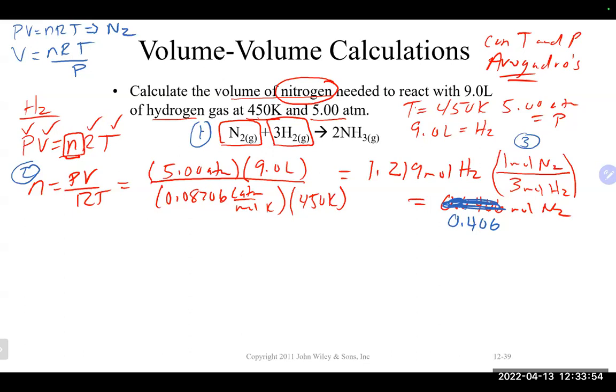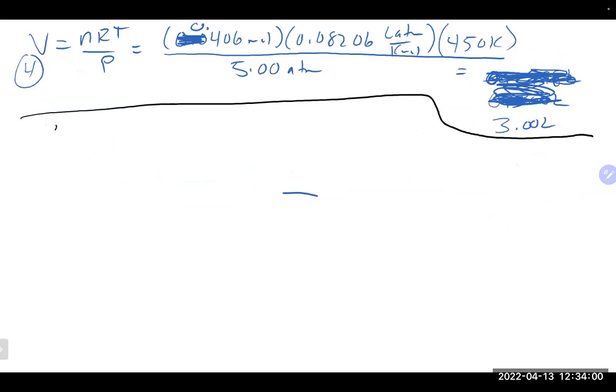That means we could start with our 9 liters of hydrogen. From the coefficients, we see that for every 3 liters of hydrogen, we get 1 liter of N2, exactly the same way as you would do a mole to mole relationship. And because it's at constant pressure, that's pretty much all you would need to do.